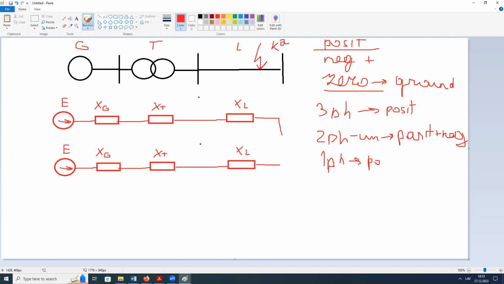So that's why it is positive plus negative plus zero. So once more, if we have unsymmetric, a negative sequence appears. If we have a connection to the ground, a zero sequence appears. Positive sequence is always there. So it could be positive plus negative, when it is an unsymmetric fault not connected to the ground, or positive, negative, and zero when we have an unsymmetric fault connected to the ground.